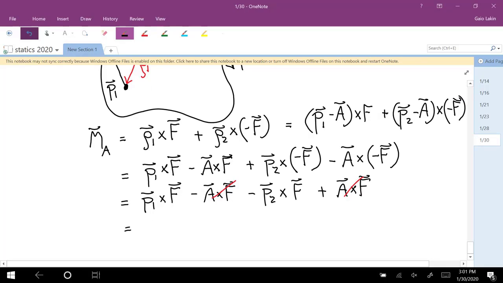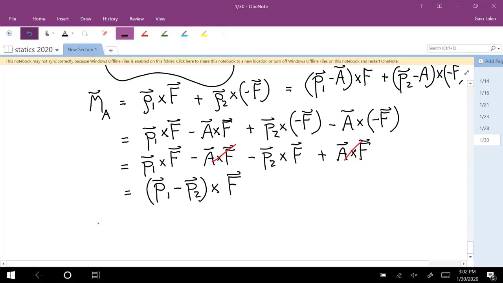And so what you get is the cross product of this difference, P1 minus P2, and F. So what we saw is that the moment of a couple is the same no matter what A is.